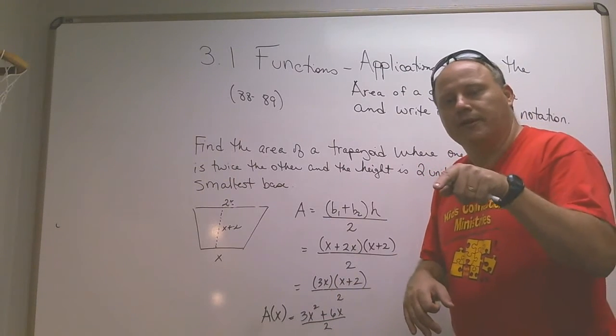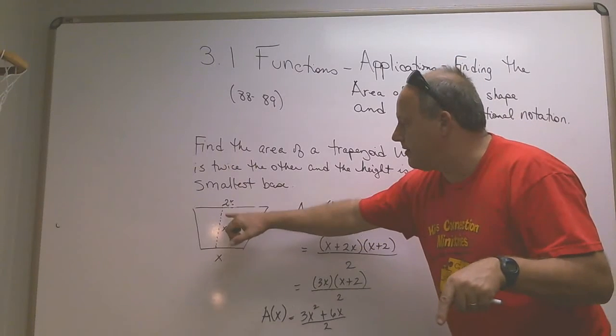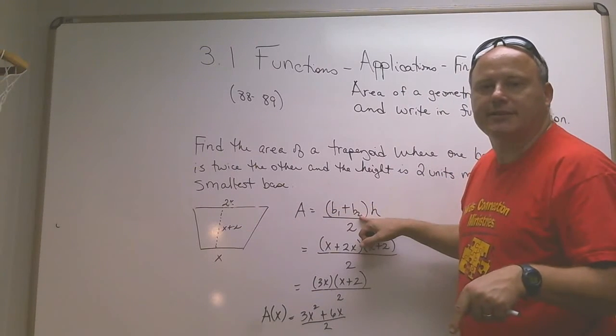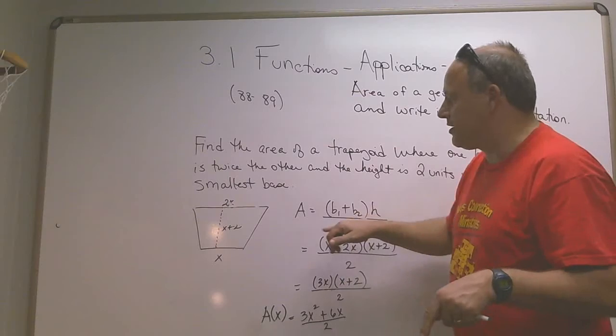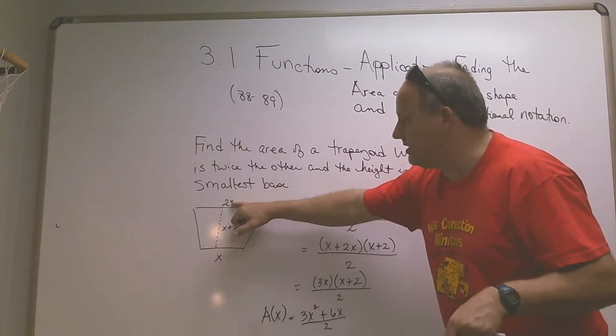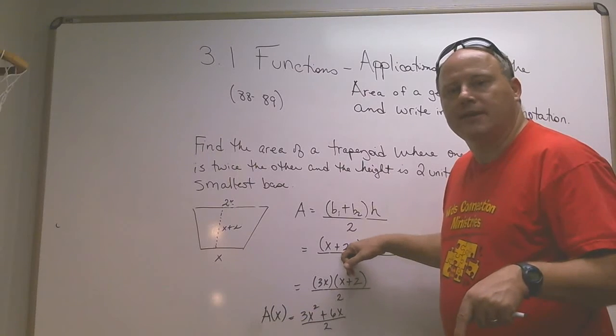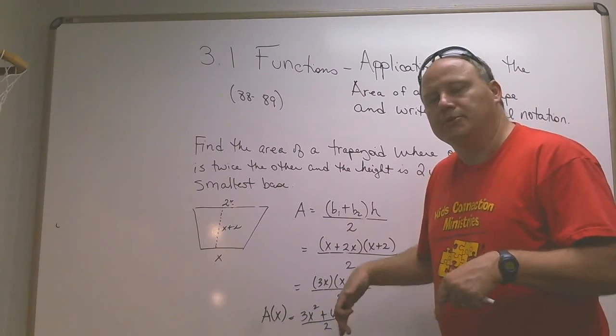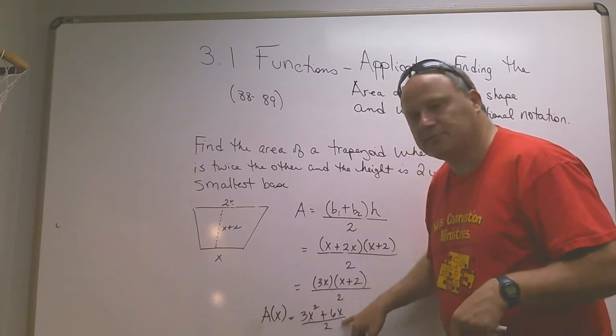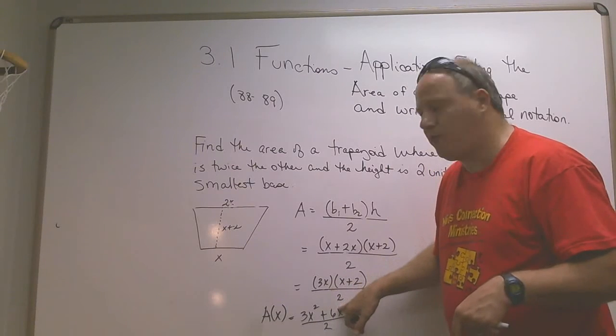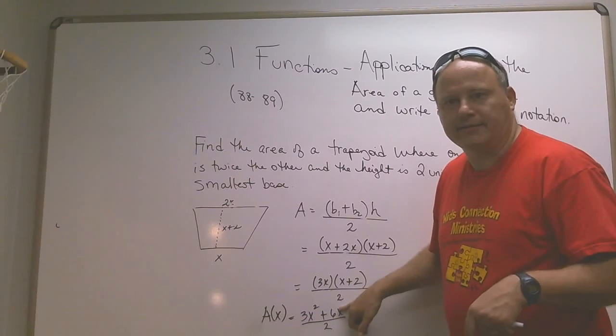If I told you this was 5, this one was 10, and this one's 7, you'd pop these numbers into the formula and get the answer. But you get the same answer if you just plug 5 into this one. So you have one formula to work every time.